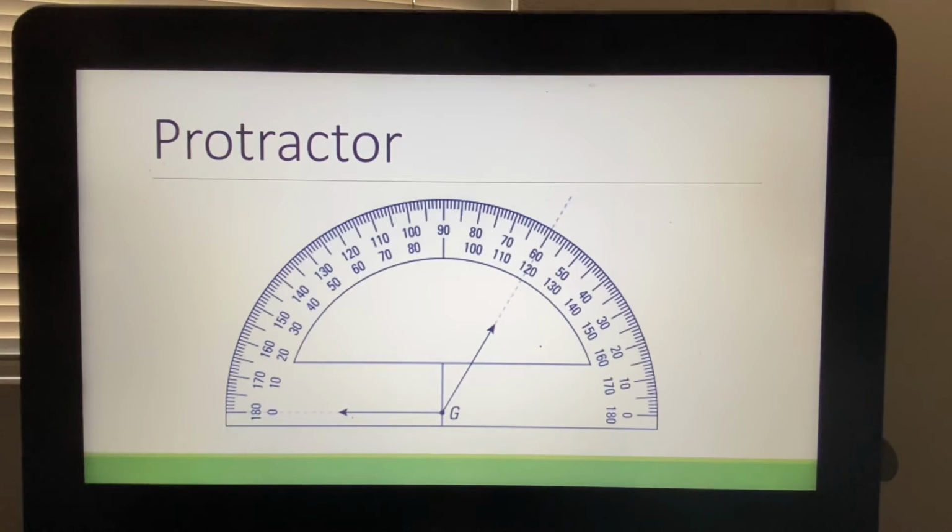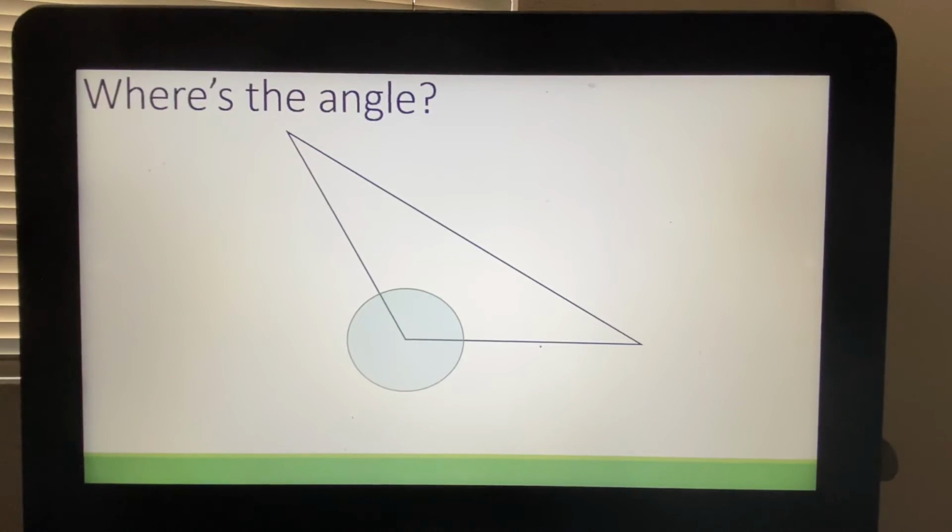And pull out your protractor. So we all worked on this last class during the warm-up and this morning. So, you all know how to use a protractor. And you're going to find this angle.